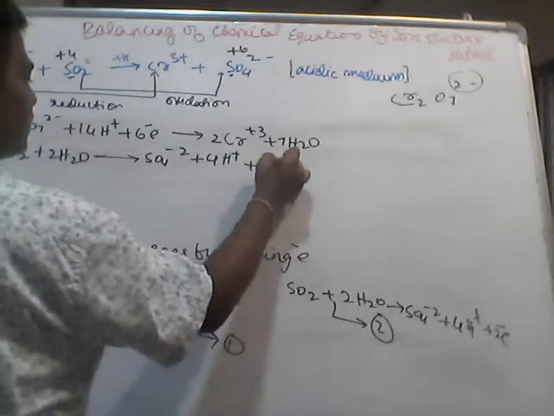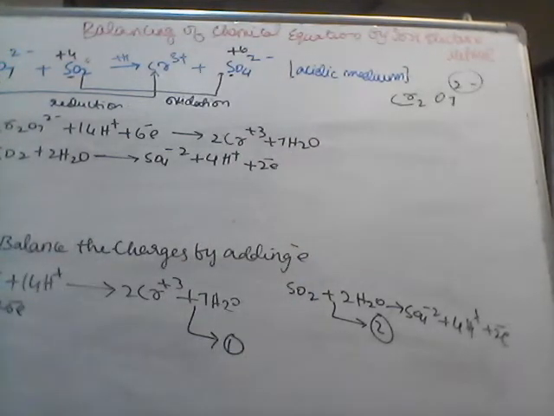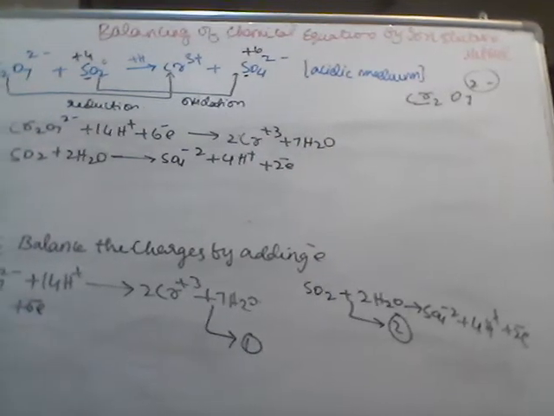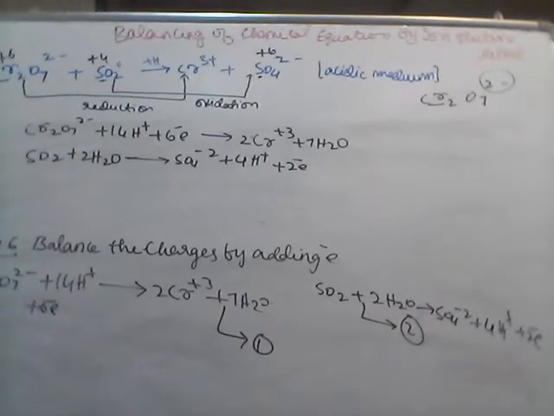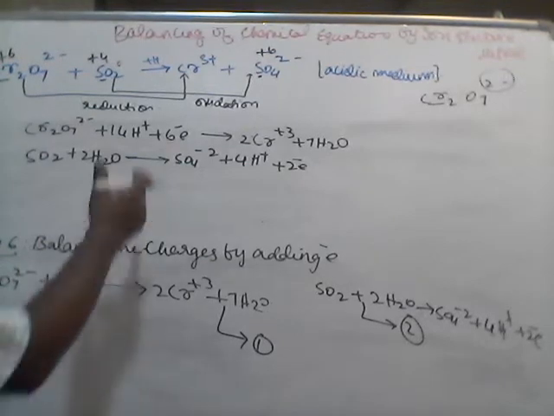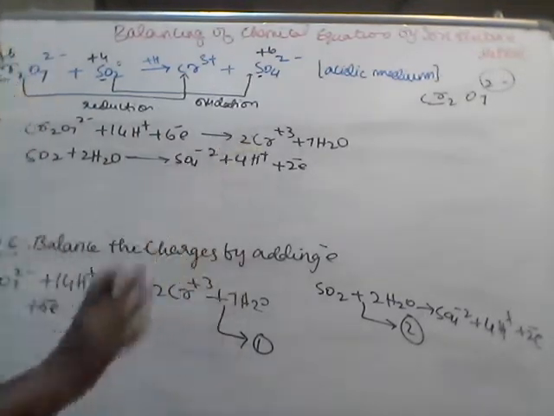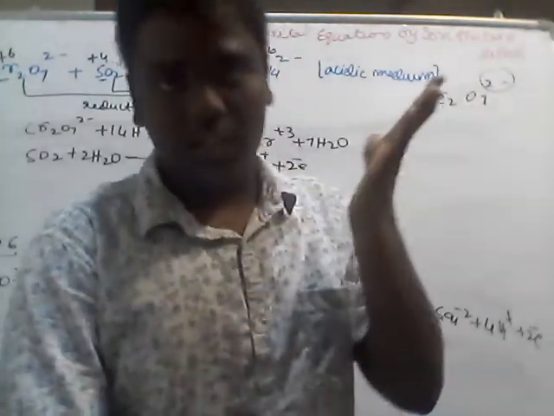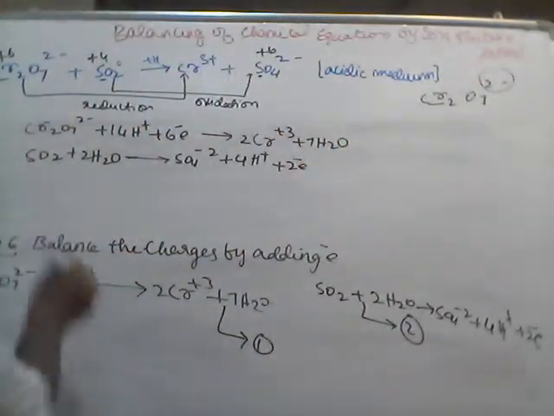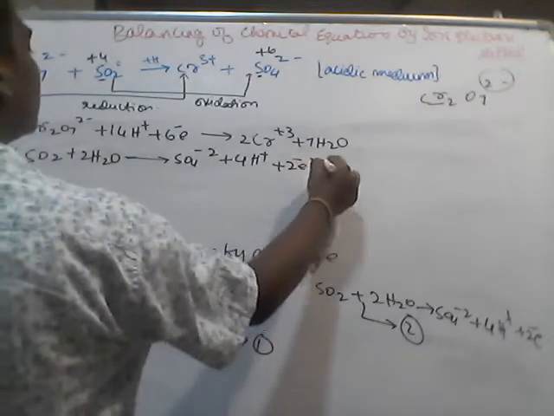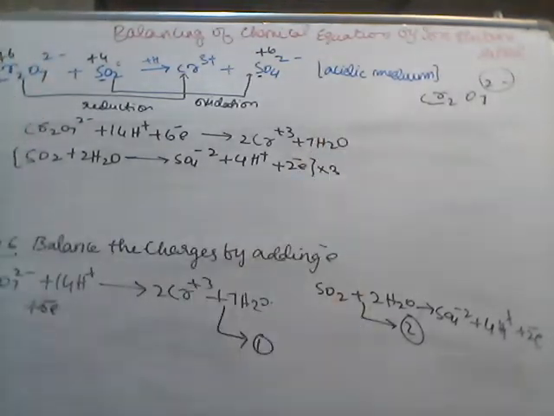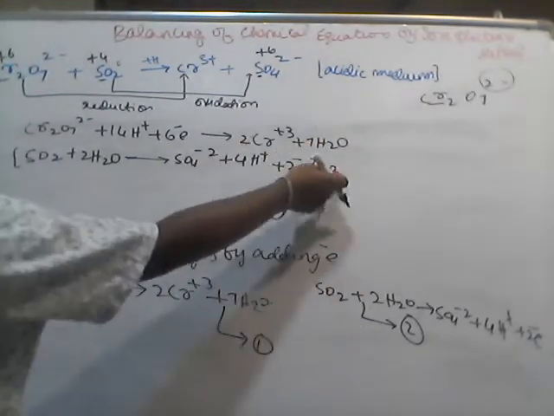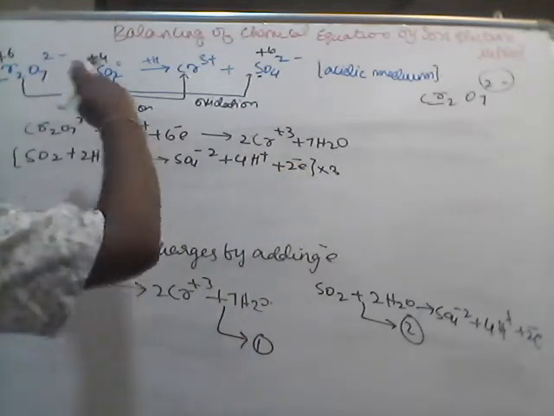plus 4H plus plus 2 electrons. Now see, on both the reduction side and the oxidation side, the number of electrons are not the same. Here there are 6 electrons, while here there are only 2 electrons. We have to make the electrons cancel. How to cancel electrons? If I multiply this whole equation with 3, 3 2s are 6 electrons, 6 electrons, both get cancelled.